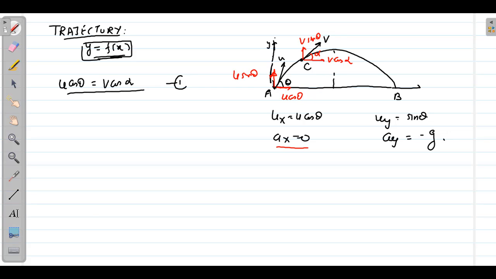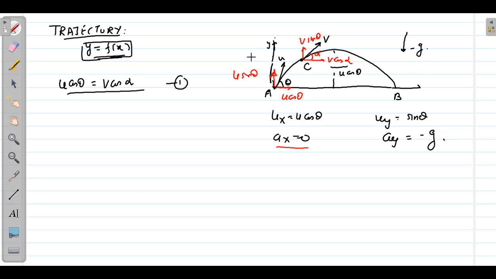This is the first equation which we have to remember, that the horizontal component will be the same. Throughout the motion, the horizontal component remains unchanged because there is no acceleration along the x-axis, while the vertical component changes because of the acceleration due to gravity, which acts in the downward direction.